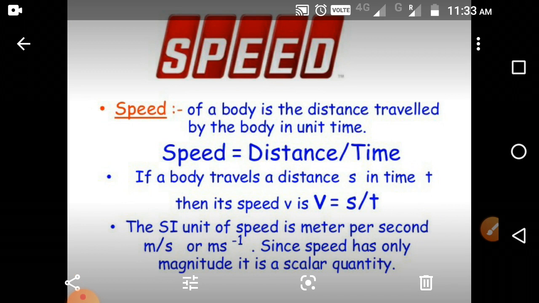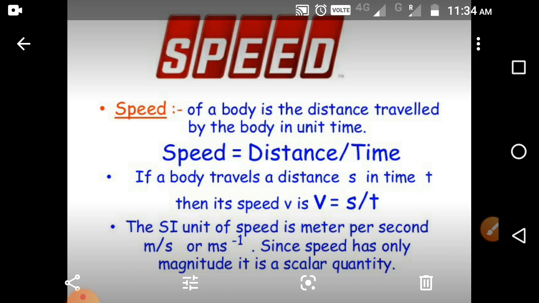Speed is the ratio of distance and time, that is, distance divided by time. So what is the unit of speed? Meter divided by second. The unit of speed is meter per second.